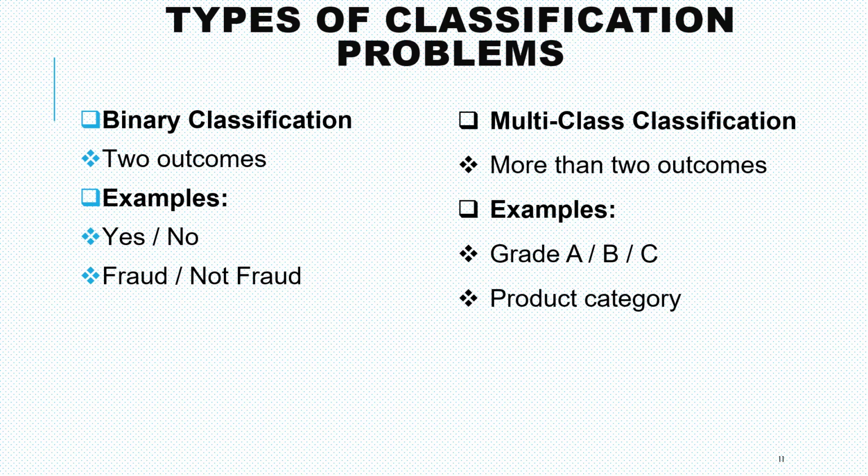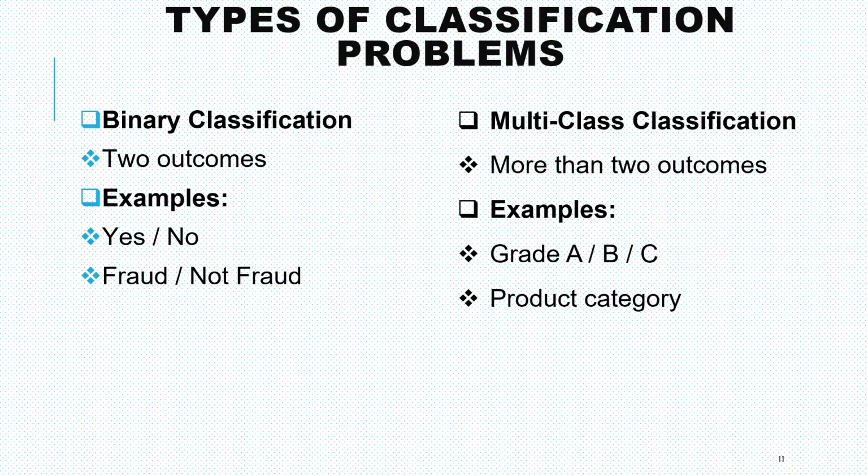So the one with just two outcomes, no or yes, fraud or not fraud, is classified as binary. Binary means two. And in multi-class classification, you have more than two outcomes.